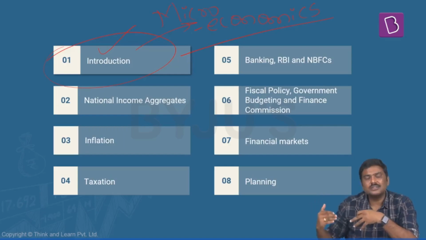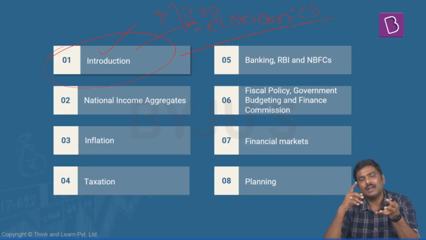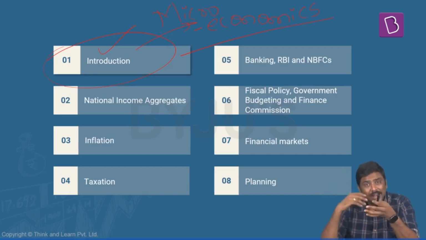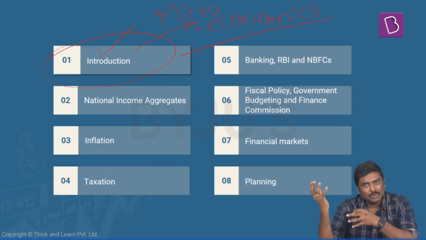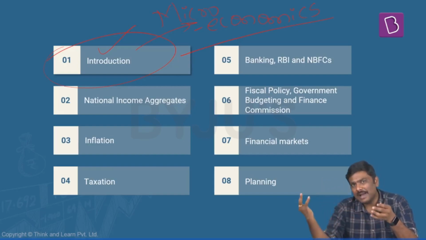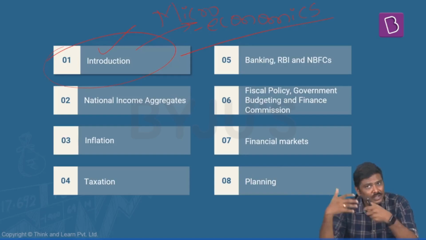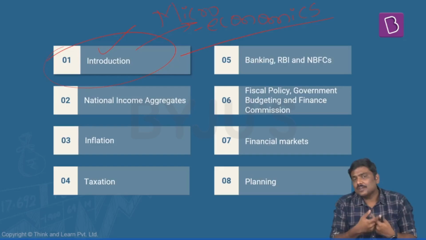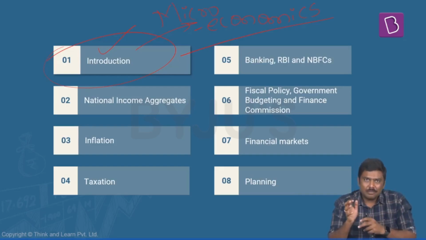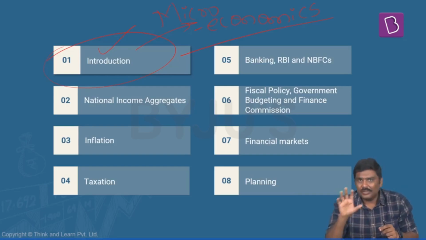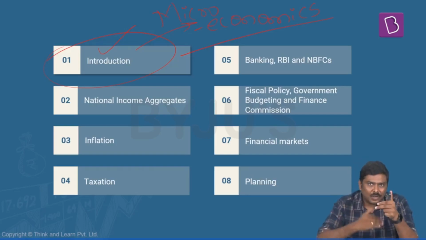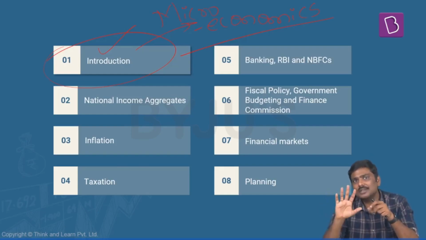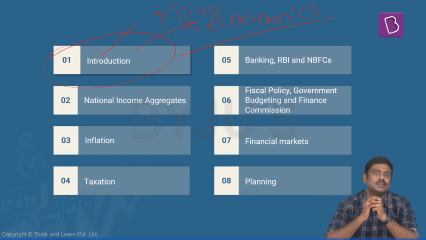Rest of the syllabus, for example, banking will have a macroeconomic approach, budgeting, a macroeconomic approach, industries, a macroeconomic approach, subsidies will be a macroeconomic approach, inflation is a macroeconomic approach. So understand this. From the UPSC exam perspective, between micro and macro, macroeconomics is very, very important. But once in a while, what UPSC does is, it will pick up a question from microeconomics and ask you in the prelims.